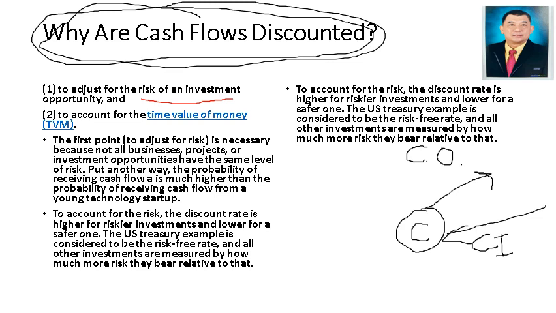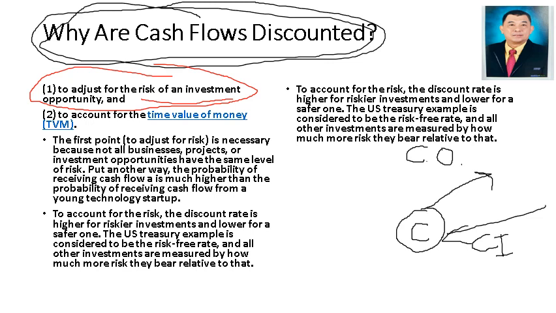Let's go to the risk assessment, risk of an investment or an opportunity. Number one reason why we need to discount cash flow is to adjust for the risk or the stake. Necessary because not all businesses and projects or investment opportunities have the same level of risk.